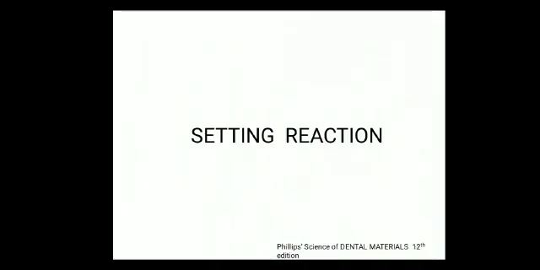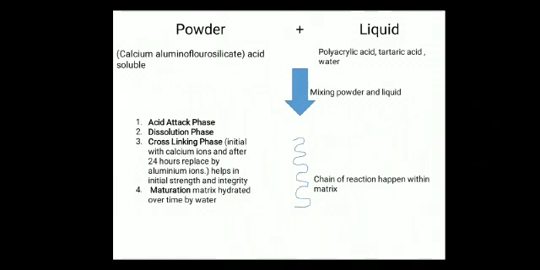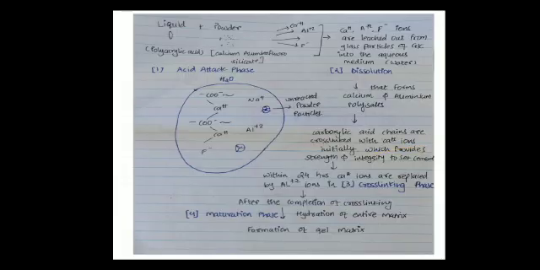Setting reaction. The powder, which contains calcium aluminofluorosilicate, is acid soluble and acts as a base, and when it is mixed with the liquid which contains polyacrylic acid, a certain chain of reaction occurs within the matrix in 4 different phases.